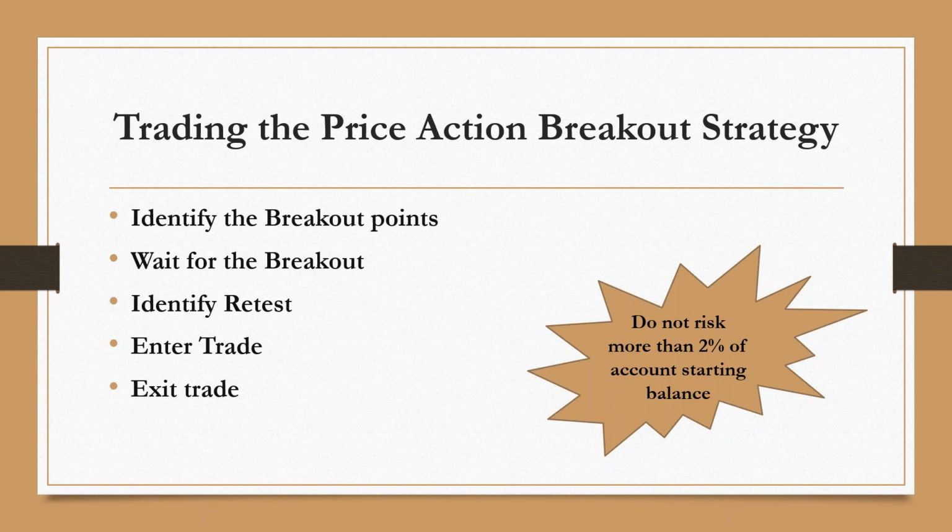Of course, there's no way to guarantee that, because the market can move, or price can move, in any direction at almost any time. But using the breakout strategy and identifying those breakout points ahead of time allows us to preempt the market, if you will, so that when those breaks happen, you're able to identify them.